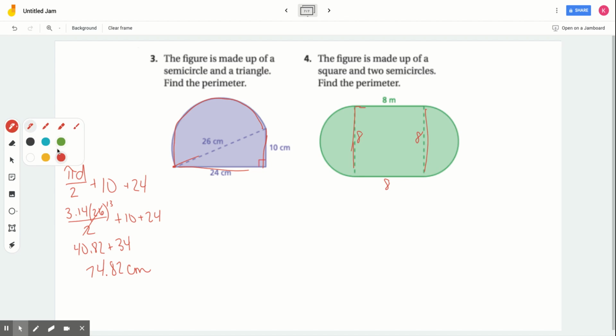Again, how can we get all the way around the outside? If I start here, that's going to be a semicircle and another semicircle, which makes 1 full circle. Remember, the circumference, or all the way around a full circle, is pi times diameter.